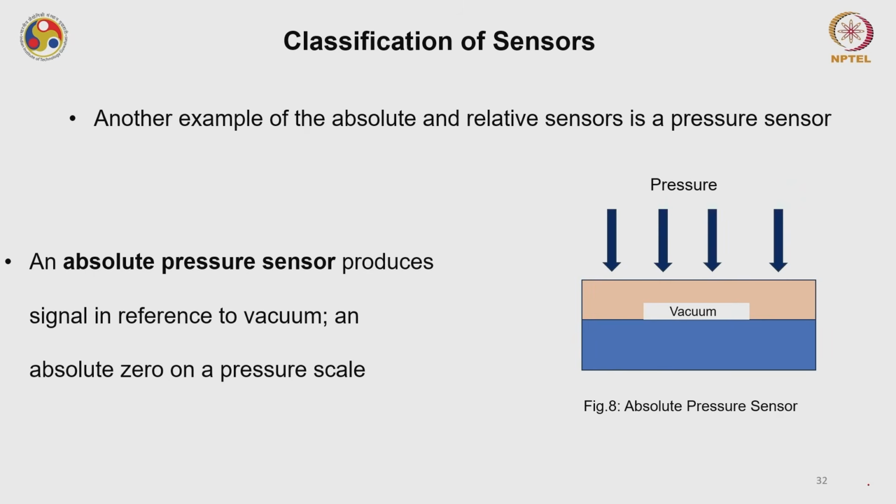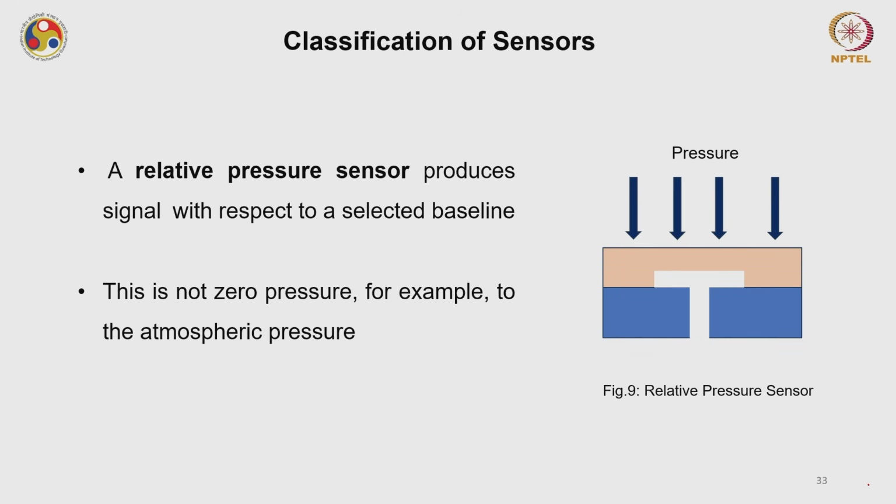Another example of absolute and relative sensors is a pressure sensor. An absolute pressure sensor produces a signal in reference to vacuum, which is the absolute zero on a pressure scale. A relative pressure sensor produces a signal with reference to a selected baseline.